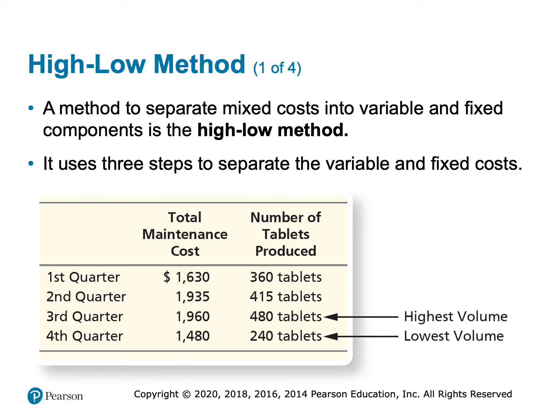Now, there's a lot of different ways that we could do this. The most sophisticated way to do this is to use linear regression in a statistics package. We're not going to do that in this class. You're welcome. So we're going to do a slightly less sophisticated method of breaking these costs into their fixed and variable components. We're going to use what's called the high-low method.